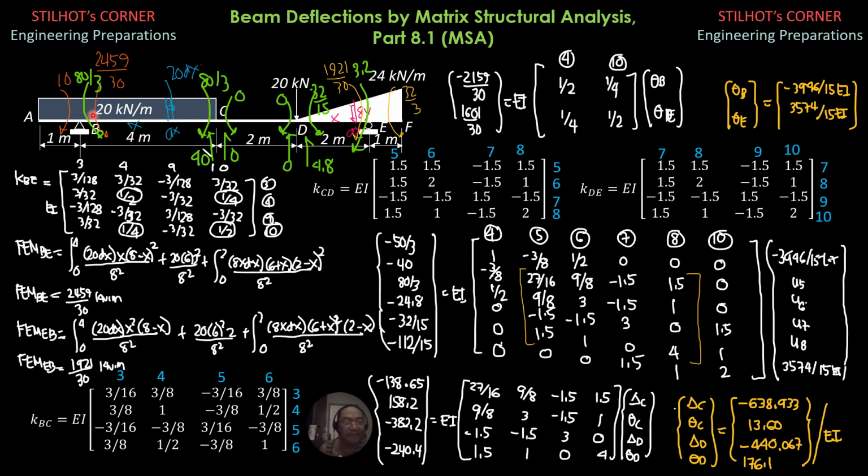In BC, by symmetry, this is 40, half of 20 times 4. Then finally, in DE, we have this fixed moment already calculated before. This is W, which is 16. Remember, this is 16 kilonewton meter. L square, 2 square over 30. So you'll get 32 over 15.